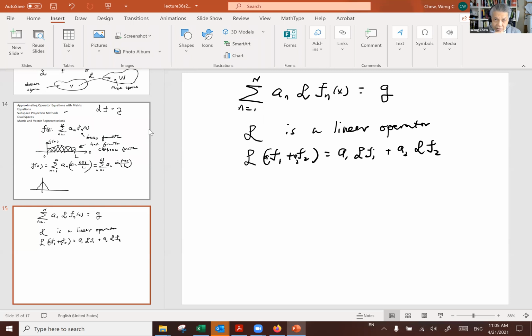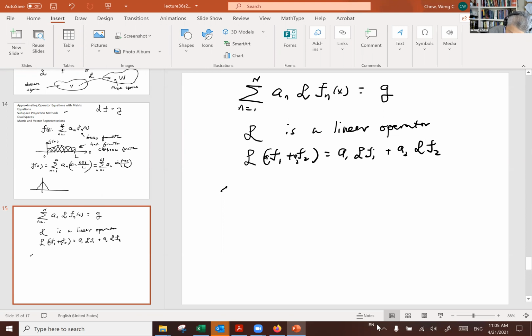And if L is a linear operator, once I substitute that and exchange the order of the operator and the summation, I can write this in this manner because L is linear. And then the next thing we need to do is to figure out how to convert this into a matrix equation.